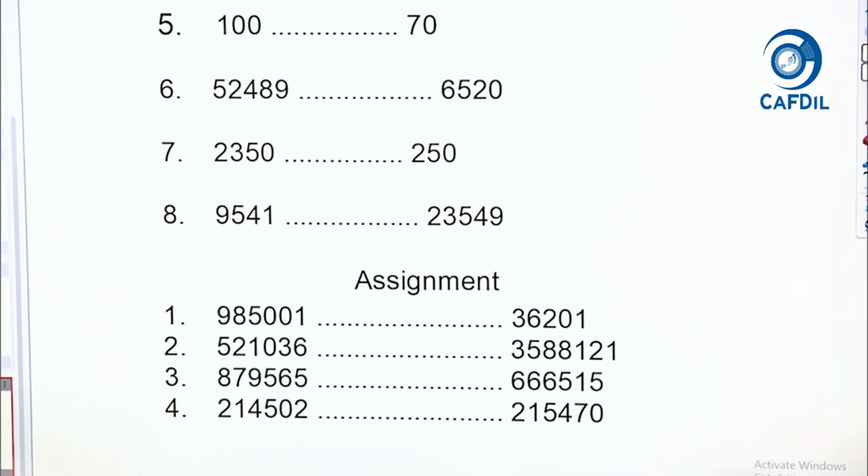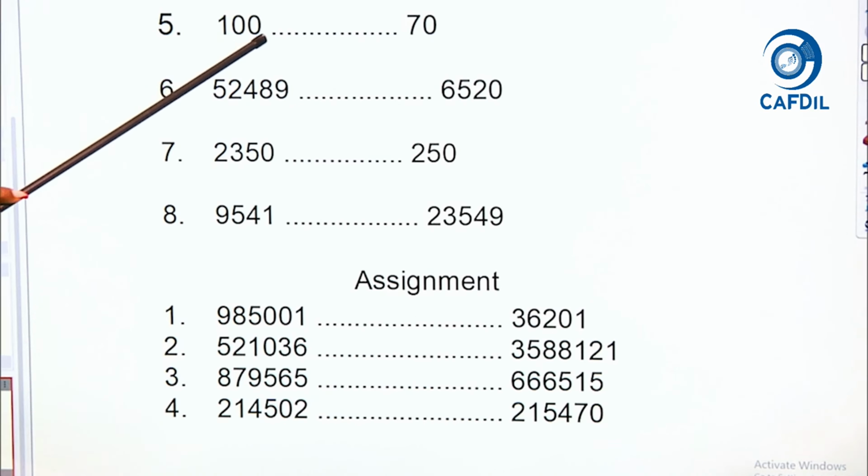We are continuing with the examples. The fifth example. You have this number and this. Always try and count the digits of the numbers. This is the number. 1, 0, and 0 are the digits of this number. So we are counting the digits.